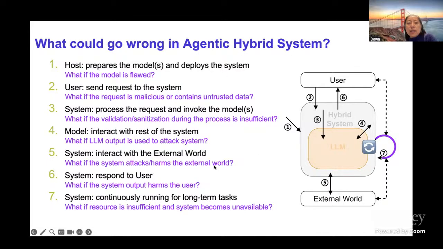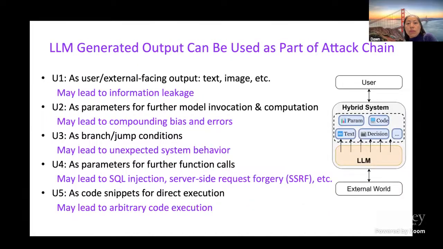So as you can see, with each step in this walkthrough, there can be places, attack surfaces, where untrusted data or malicious data can be introduced. And also as the system overall interacts with the external world and with the user, the outputs can potentially harm the external world and so on.